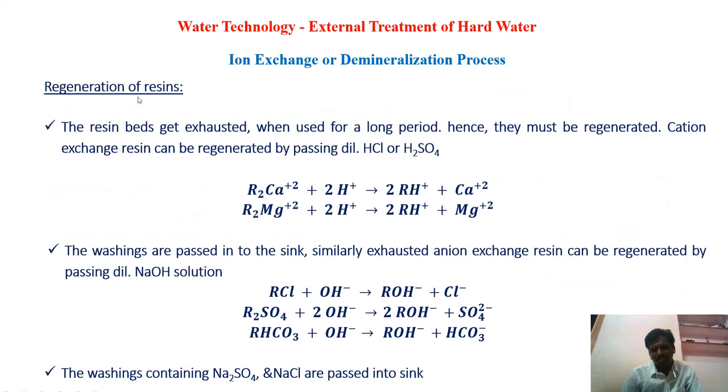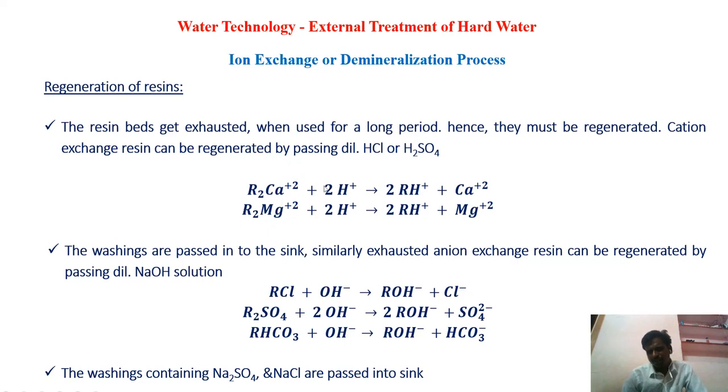Now, regeneration of the resins. After completion of this process we have to clean the resin. All the resins become saturated with calcium and magnesium. If all the resins are saturated, the whole process stops, as there are no more H plus ions to be replaced with calcium or magnesium. So we have to stop the process and remove the calcium and magnesium ions.